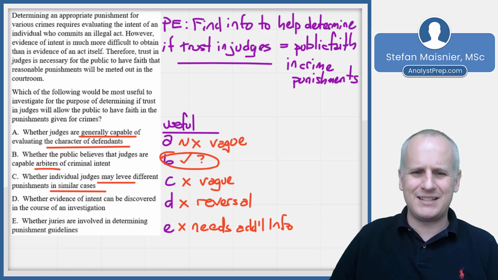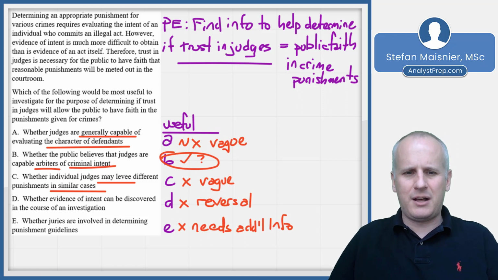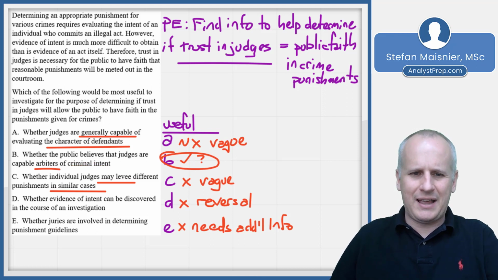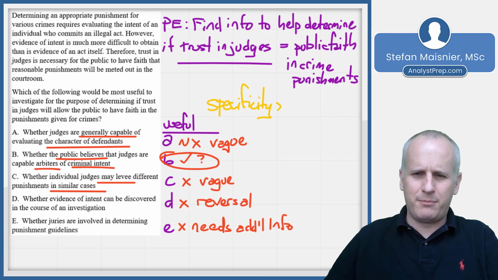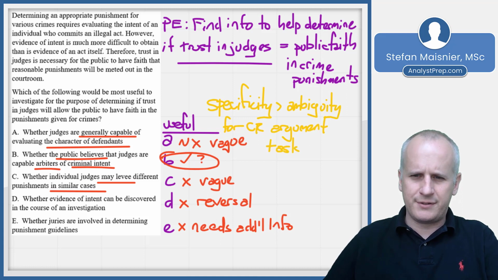Whereas choice B is speaking specifically about criminal intent and what the public believes. And remember that specificity is preferable to ambiguity for critical reasoning argument tasks and the correct answer choices.